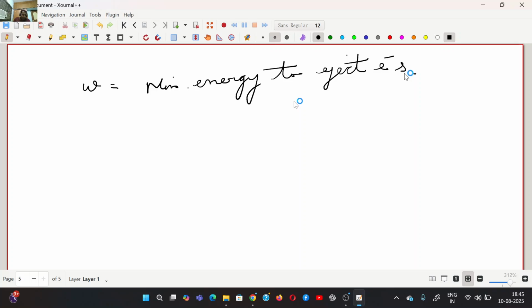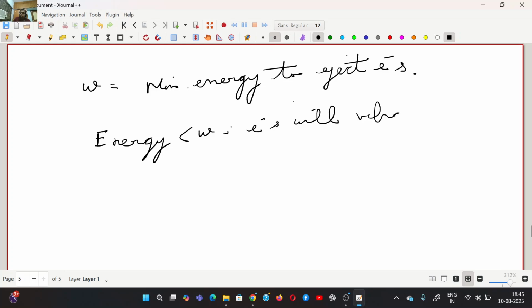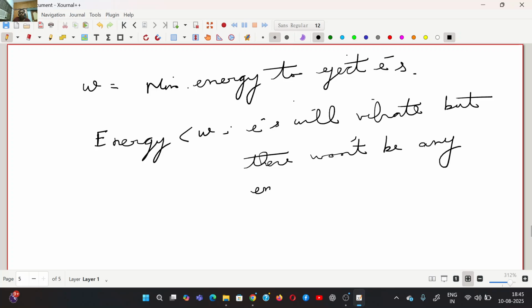If energy is less than W, the electrons will vibrate, but there won't be any emission. No electron emission means no current, no signal.